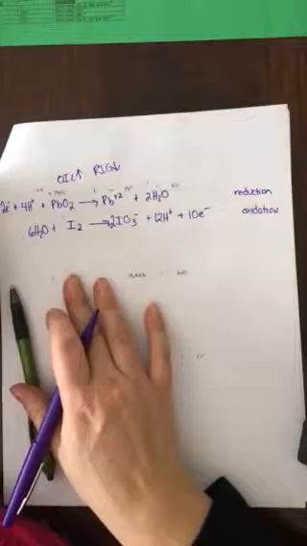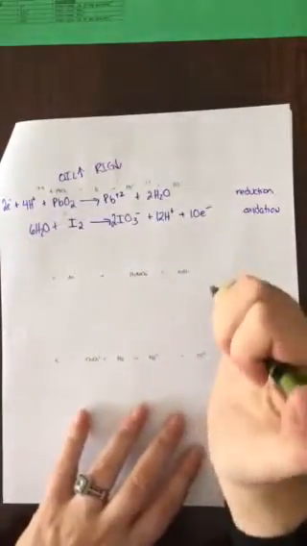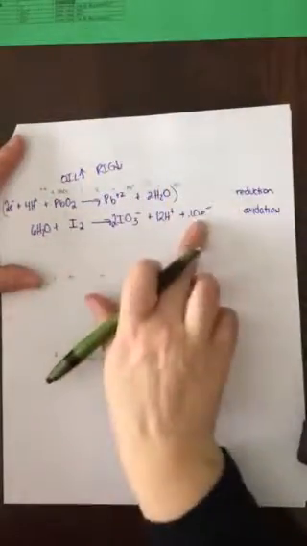Cool. So when I've done my 2 reactions, now I got to cancel out my electrons, because you never see the actual electron transfer in the reaction. You just know it's there. So here I go. I have 10 electrons right here. So I need to multiply every coefficient in this bad boy by what? I need to do it by 5, okay? Because then I have 10.